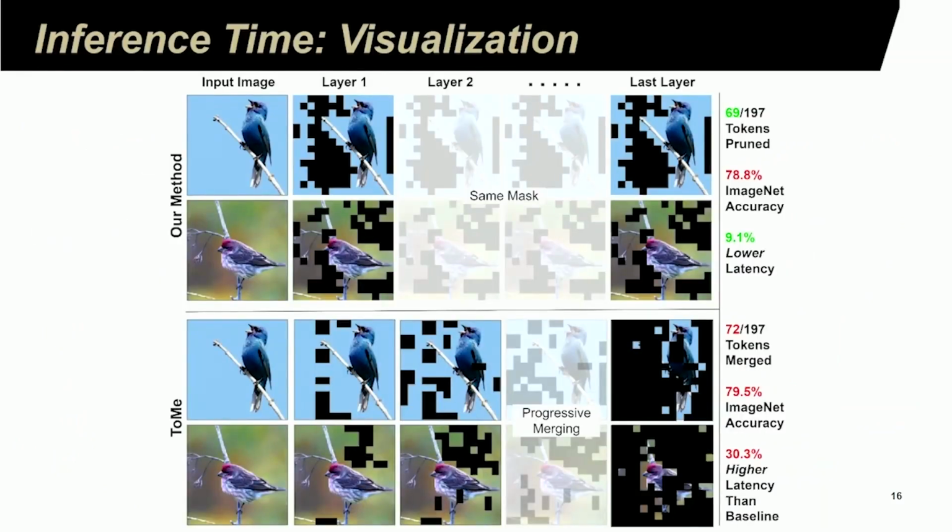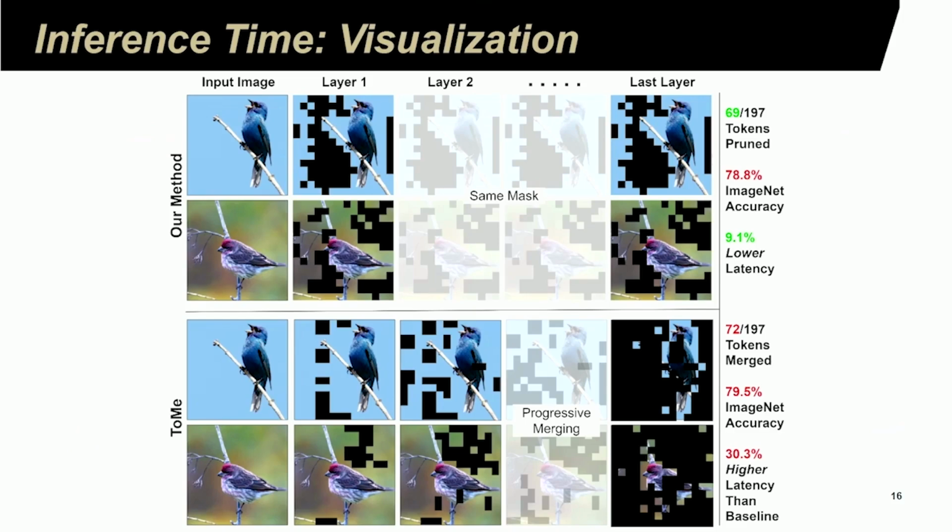Also, we designed our method to remove tokens early. The reason is the following. If we remove tokens early, then we can reduce the computation in later layers. Some other methods, for example token merging, will remove tokens gradually, even though they may remove more tokens. But since they don't remove tokens early, their latency will actually increase.